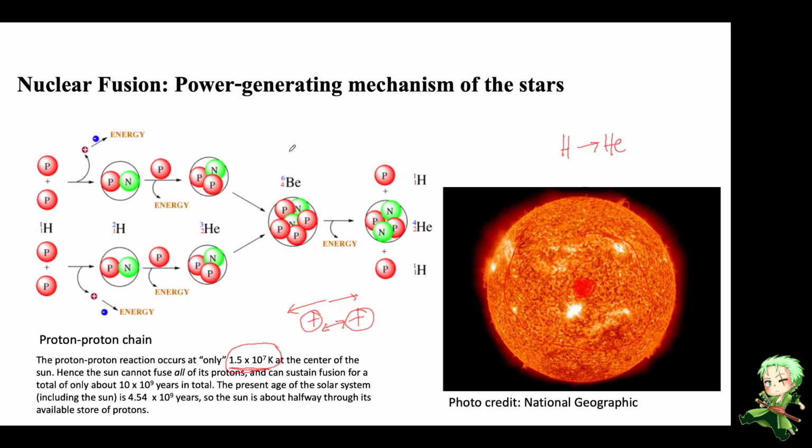So basically, if we're going to summarize that one, if we are going to count how many protons we used, we actually require six protons. So I mark it with a check. We require six protons, or roughly just six of H11. We already discussed that H11, or the nuclei of hydrogen, is actually a proton.